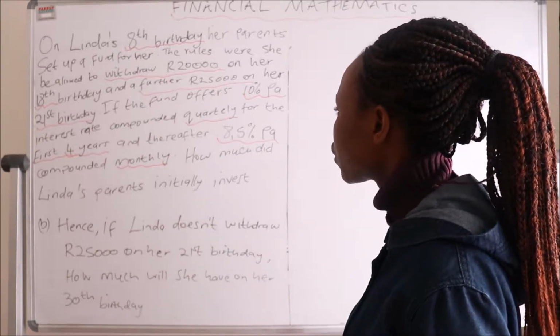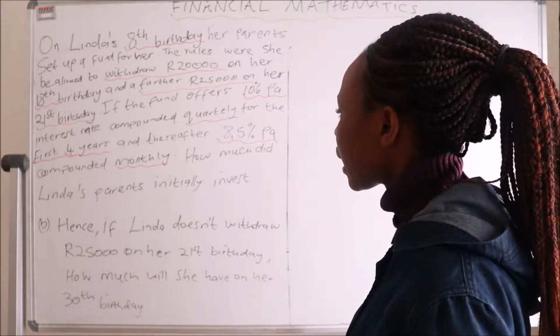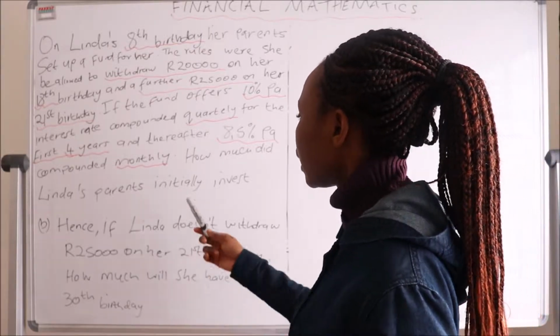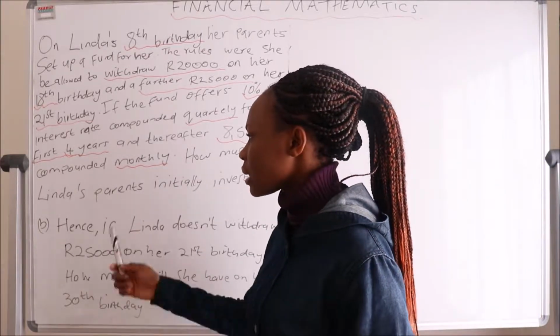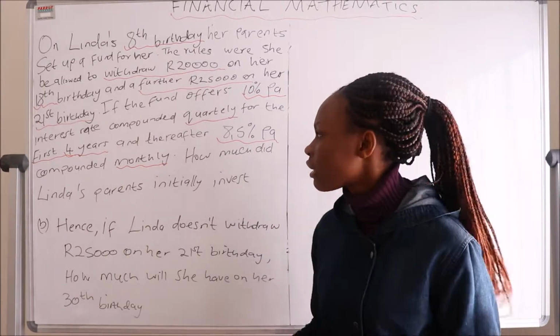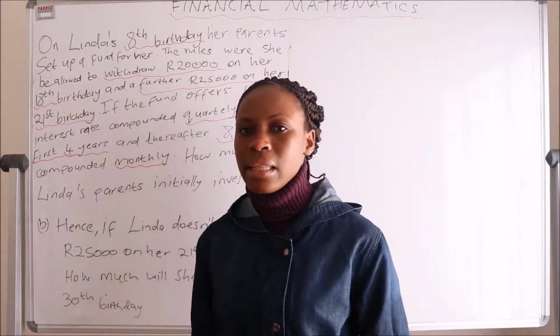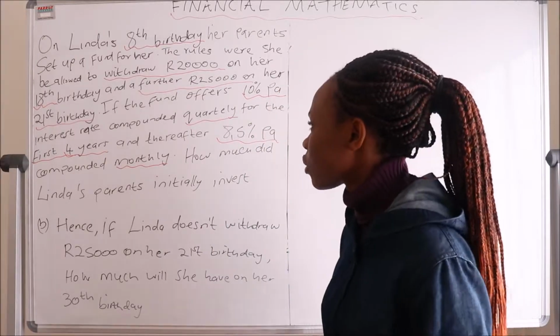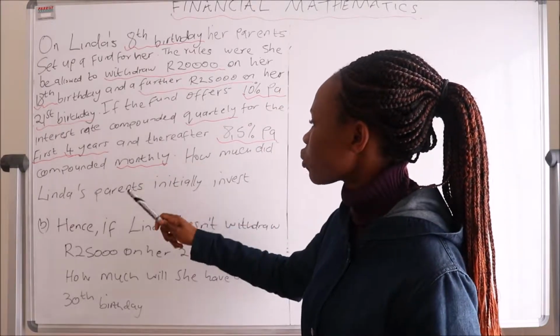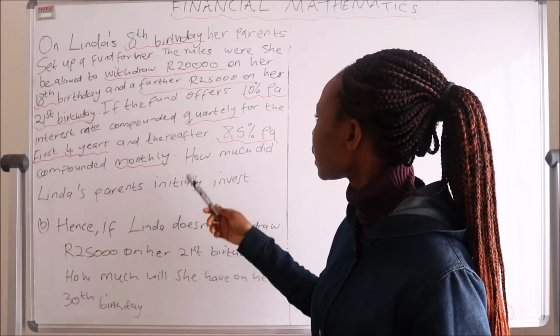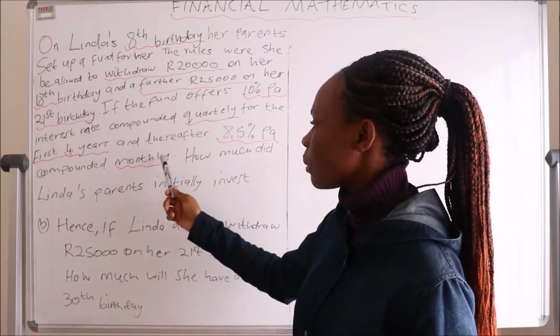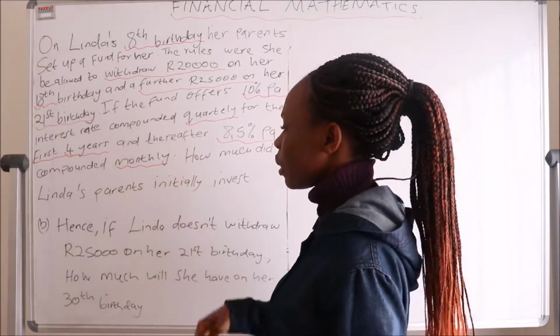This time it is 8.5% per annum compounded monthly. The only advantage with this one is that it is compounded monthly, and the first one was compounded quarterly. The more you compound, the higher your investment becomes. If they were both 10%, this one would be much higher than the first one because the first was quarterly.